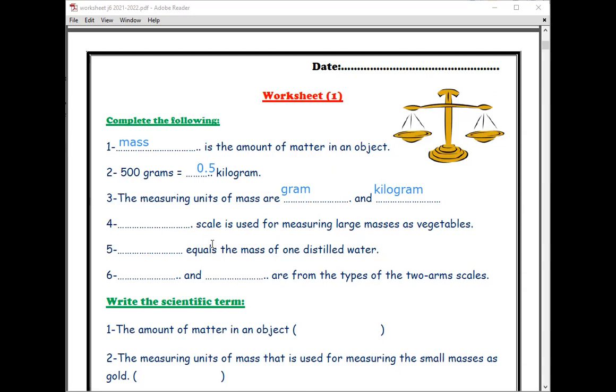In this question, you can answer balance scale because the balance scale measures the large masses, and also a scale with a pointer, because the scale with a pointer is from the 1 arm scales, but the balance scale is from the 2 arm scales. So both are right. Write balance scale or scale with a pointer.